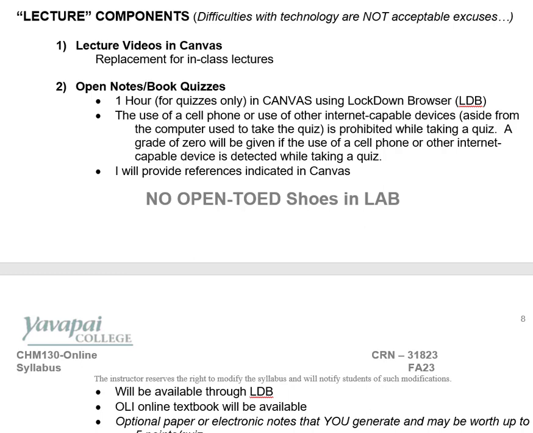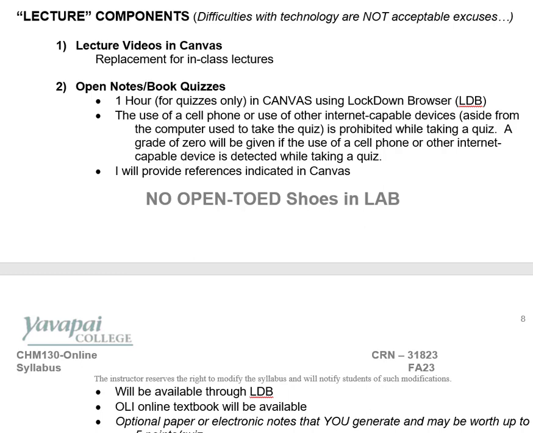You'll be able to access the free online book through Lockdown Browser, and if you decide to use notes, you could upload your notes into Canvas and access them while you are taking the quiz in Canvas. You can earn points for your notes if you follow the study guide, or essentially what is called the notes template. More information on that in Canvas.